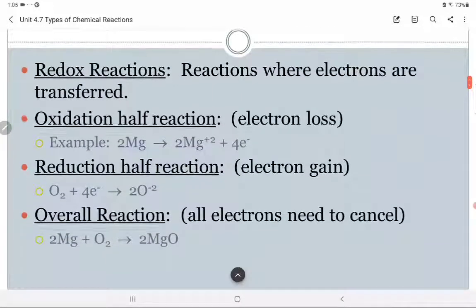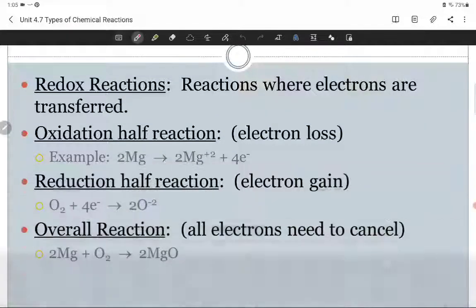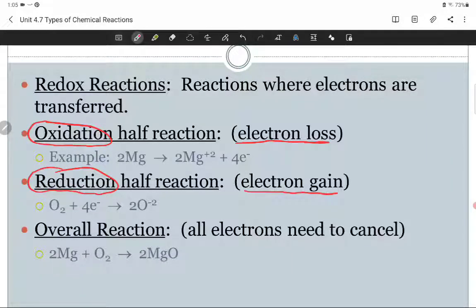So, vocabulary: what are oxidation and reduction? We're going to get a little more detail, but this will get us started at least. Oxidation involves losing electrons. Reduction involves gaining electrons.